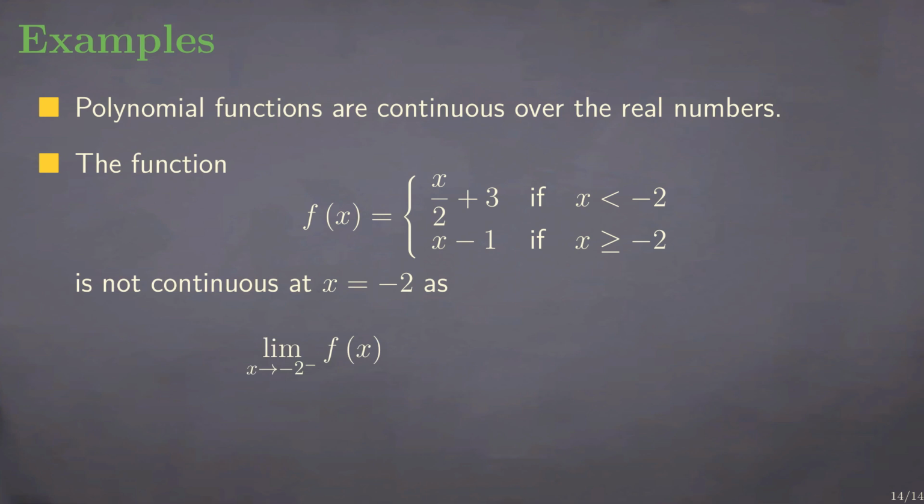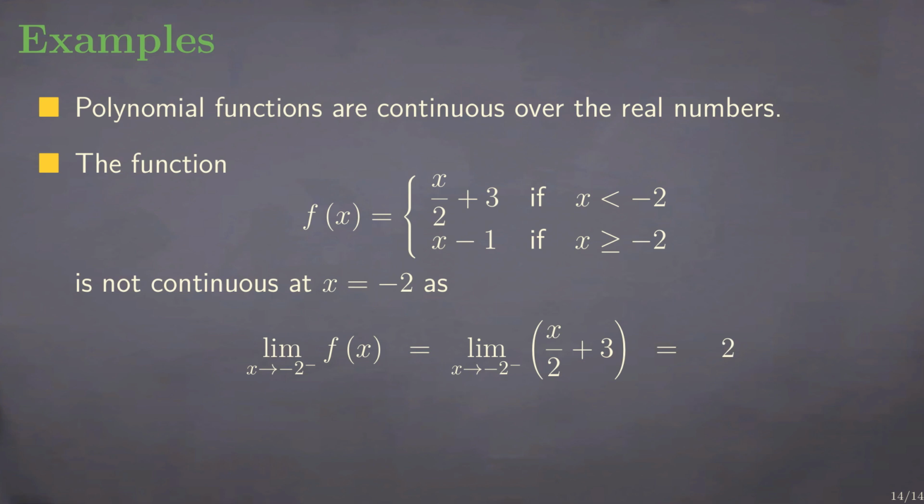Now we want to see whether the limit of f of x when x tends to minus 2 exists or not. For this, we just need to compute the left-hand limit and the right-hand limit and compare them. So the left-hand limit is actually the limit of x over 2 plus 3, and when x is equal to minus 2, this function x over 2 plus 3 is actually 2.